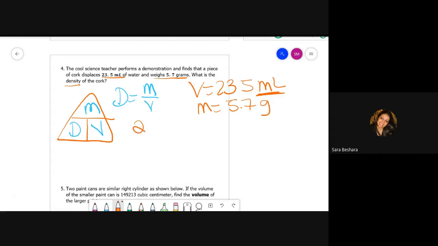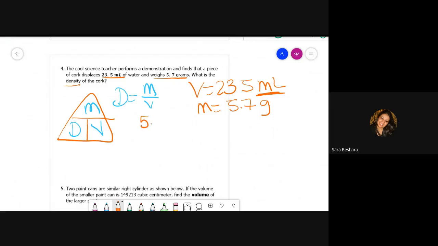Let's divide 23.5 over 5.7. 23.5 divided by 5.7. I get, doesn't look right. Wait. Okay, I hope you noticed the mistake that I noticed, because I divided the volume by mass.